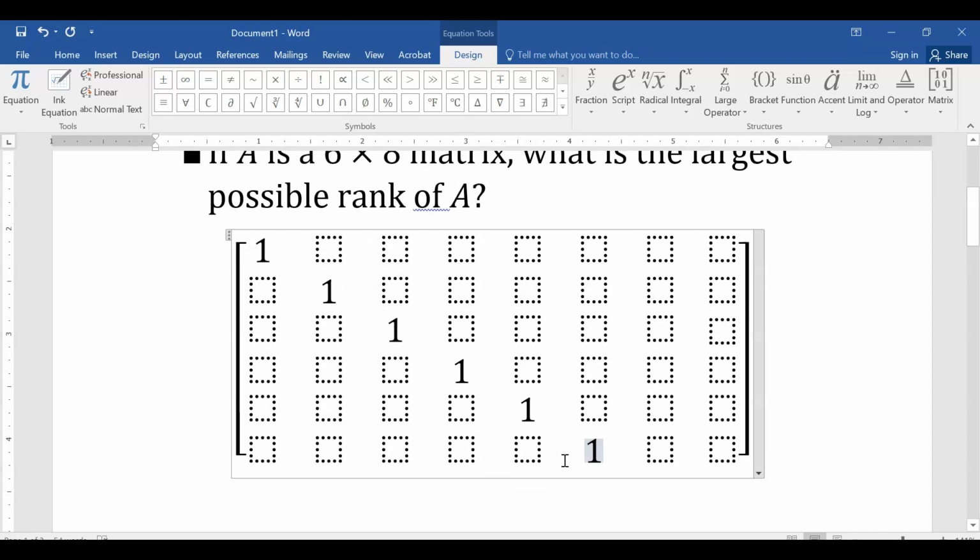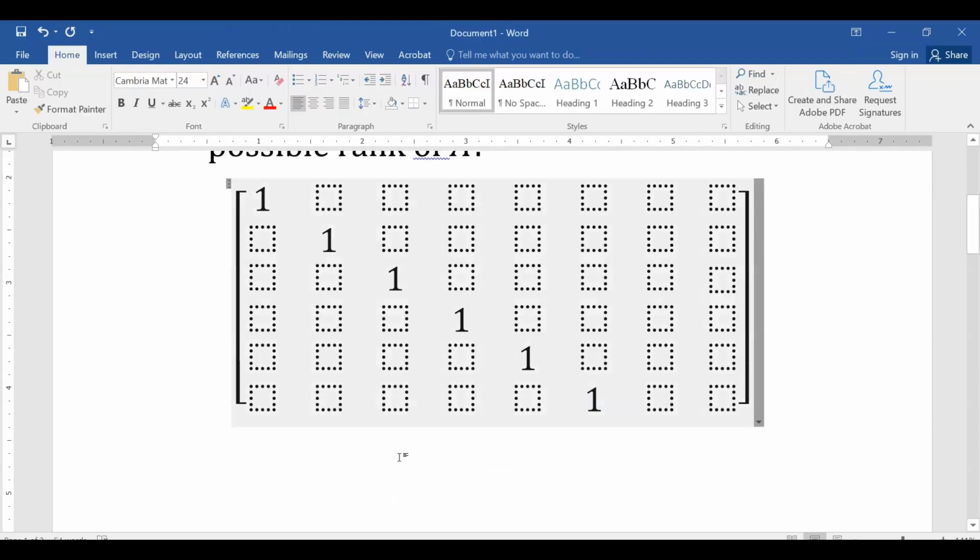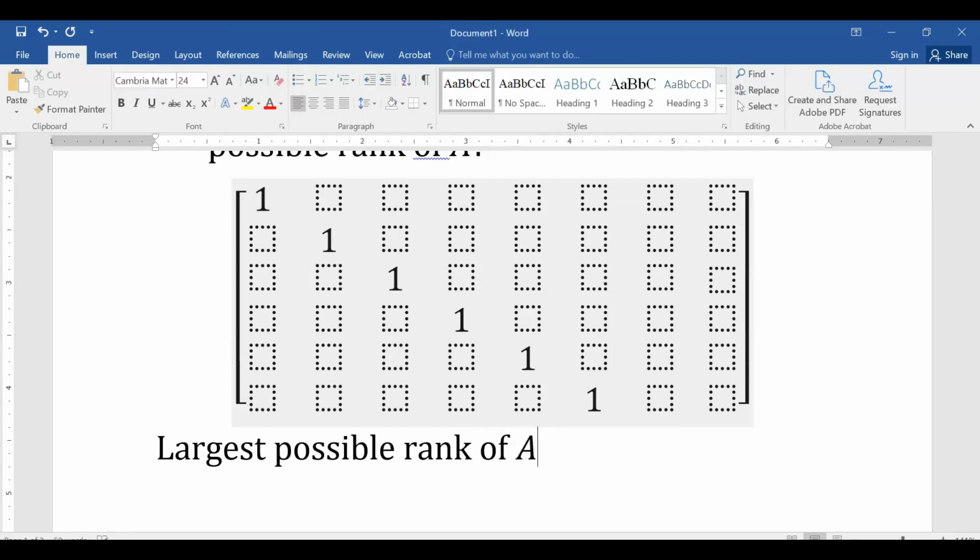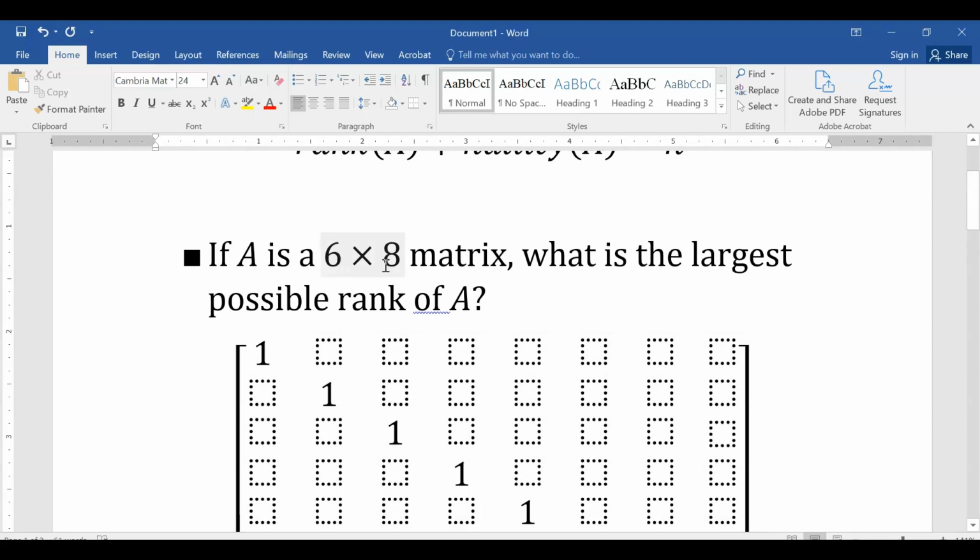So the largest possible rank of A is 6. All right? So we have to consider both the rows and the columns for the largest possible rank.